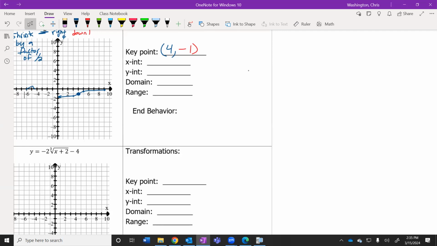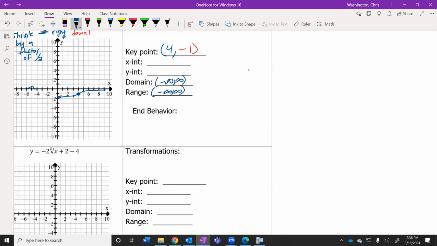All right, the domain and range. Negative infinity to positive infinity for both. It does not matter what transformations have occurred. If it is an odd root, that's going to be our domain and range every single time. The end behavior.